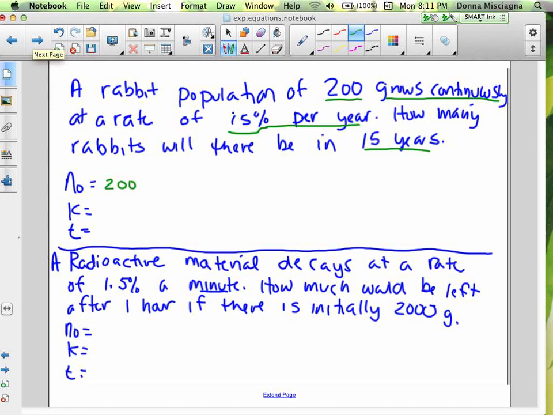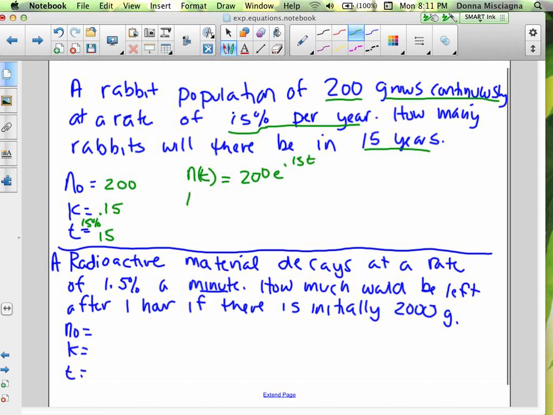The k is going to be positive because it's growth, so we have 15%, and that as a decimal would be 0.15. The time is 15 years, right? So we have N(t), any amount. The amount after any time is 200 times e to the 0.15 t power.